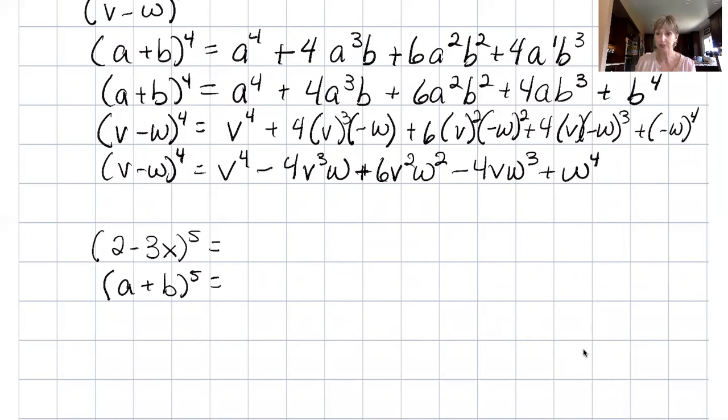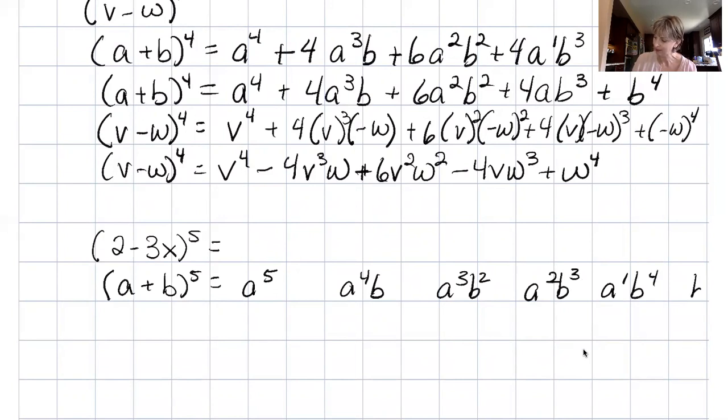So first we're going to expand (a + b) to the fifth. That's a to the fifth, a to the fourth, a cubed, a squared, a to the first, and then a to the 0, which is 1. Then b to the 0, b squared, b cubed, b to the fourth, b to the fifth.